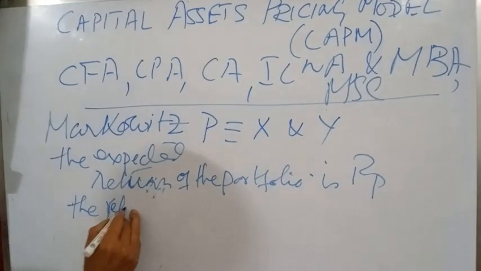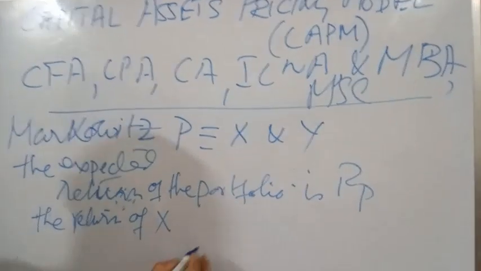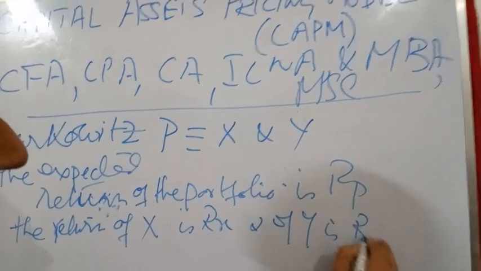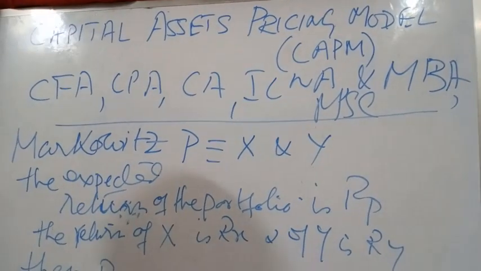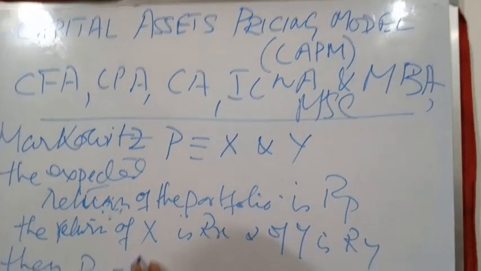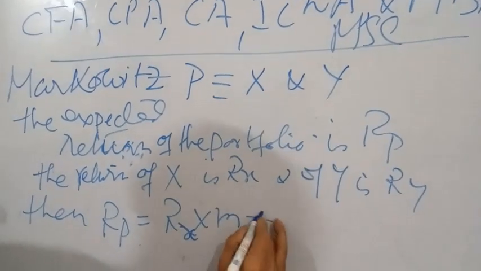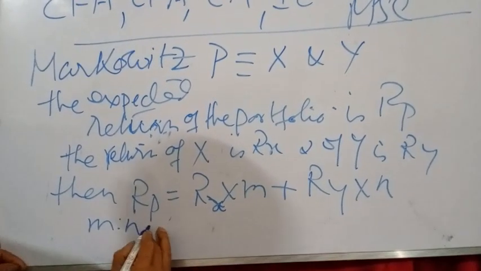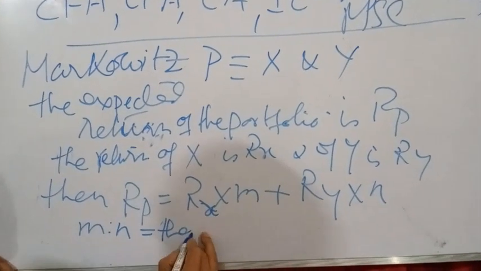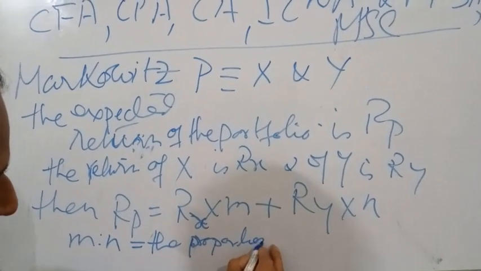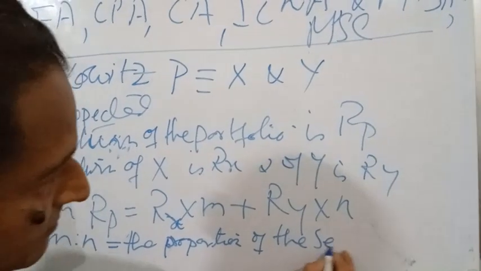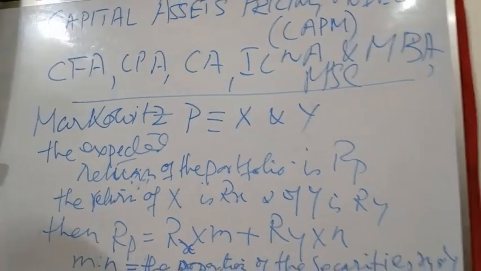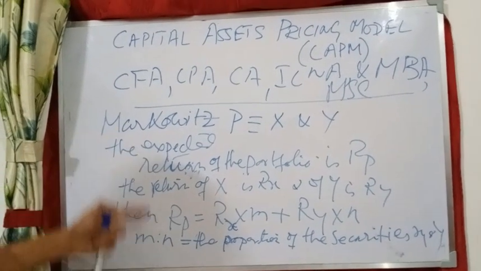The return of X is Rx and of Y is Ry, then Rp will be equal to Rx into M plus Ry into N, where M and N are the proportions of the securities X and Y. So this was Professor Markowitz's postulation.